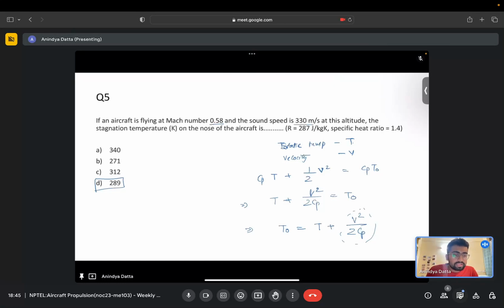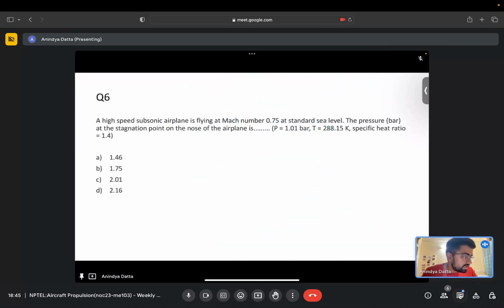So in work done terms, earlier we used to do Cp times the temperature difference, but now we express it as Cp times the stagnation temperature difference, or total temperature difference. Stagnation temperature is also referred to as total temperature sometimes. Okay, all right, let's move on to the next problem.